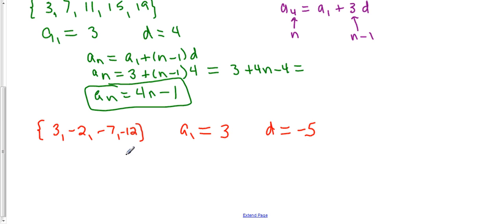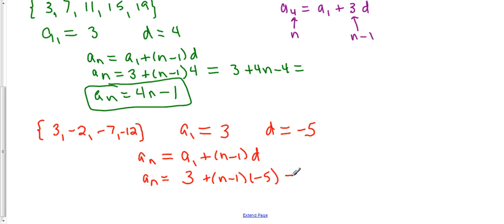So if we wanted to find this general formula here, again, we have our formula: a_n is equal to a_1 + (n - 1) times d. And I can substitute in. So a_n is going to be equal to a_1, which is 3, plus (n - 1) times d, which is -5.